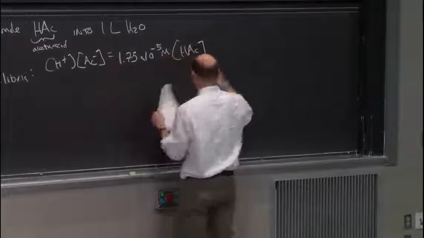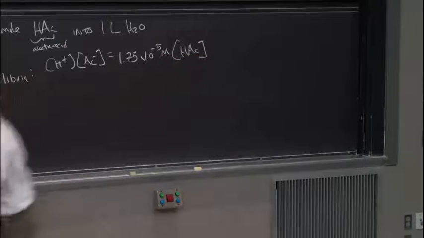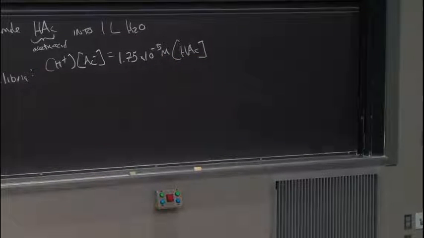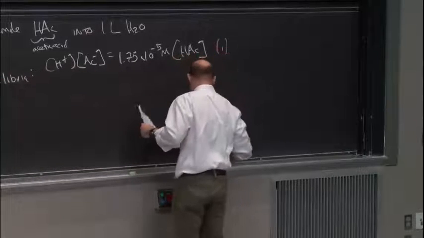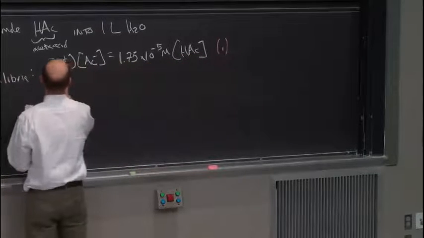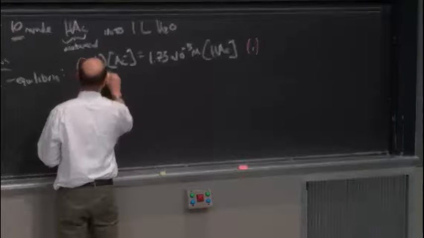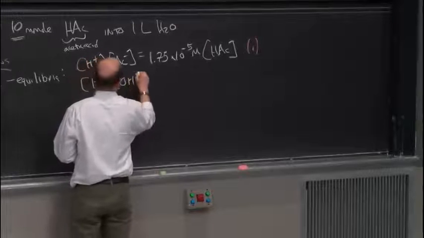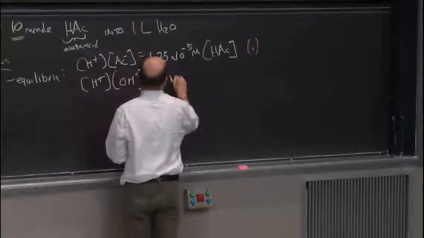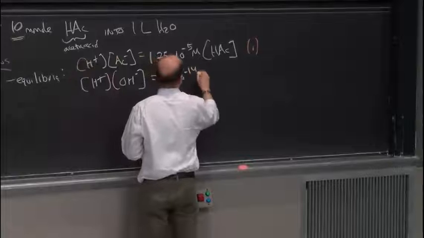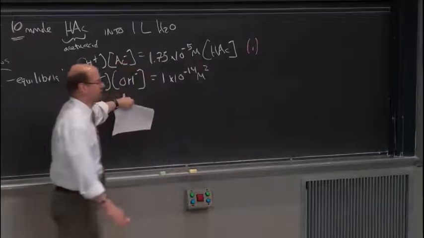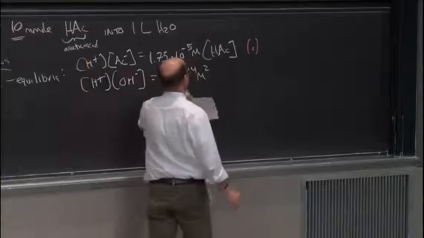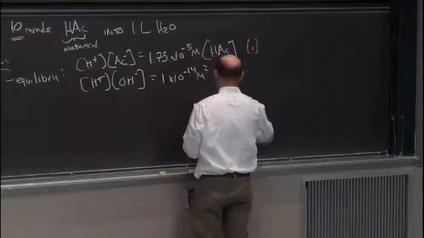We'll call this equation 1. And of course, the second reaction is nothing other than the ion product of water. Right? That's just the concentration of protons times the concentration of hydroxide anions has to equal 10 to the minus 14 molar squared. That'll be equation 2.